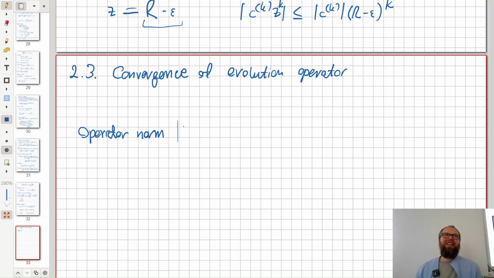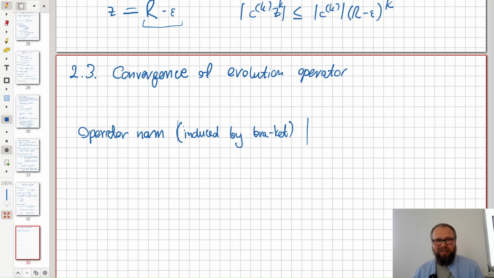This leads to, let's say not a canonical, but a standard definition of operator norm, which in our case will be induced by the bracket, because we have a norm for vectors in our Hilbert space, so we will recycle it.